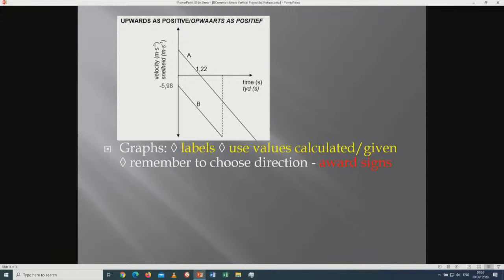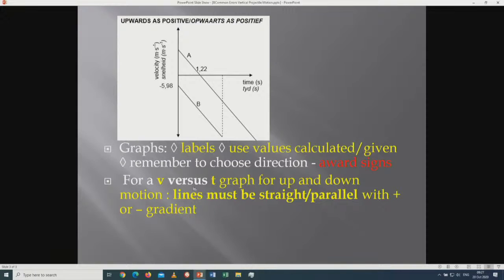If they've just been asked to draw a line of just a single object moving, then the principle is that it must be a straight line for velocity against time, and that straight line must have either a negative gradient or a positive gradient according to the direction you have chosen.